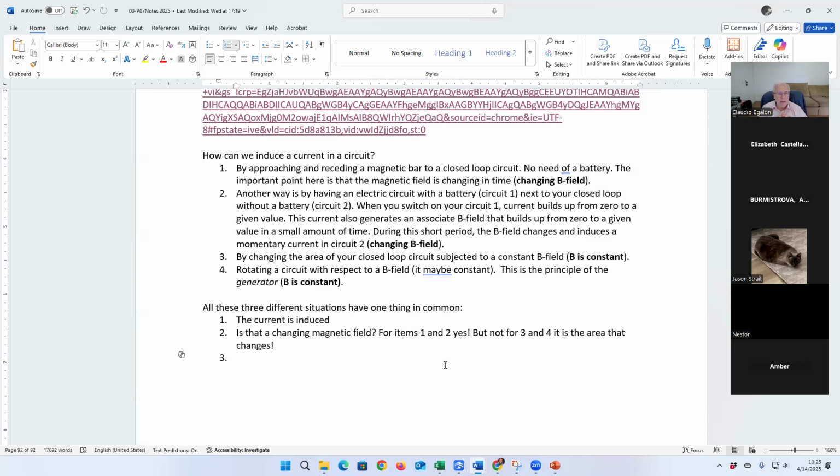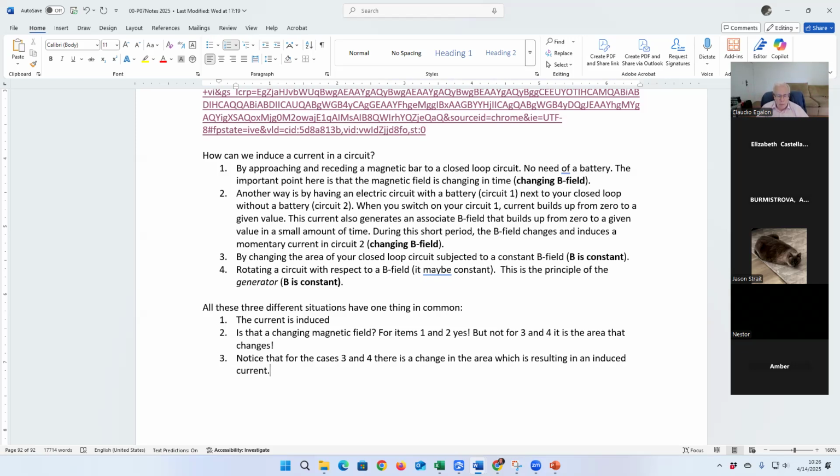Notice that for cases 3 and 4, there is a change in the area, which is resulting in the induced current. So that was the thought process that all those scientists went through to try to come up with an equation that would describe all those four situations.